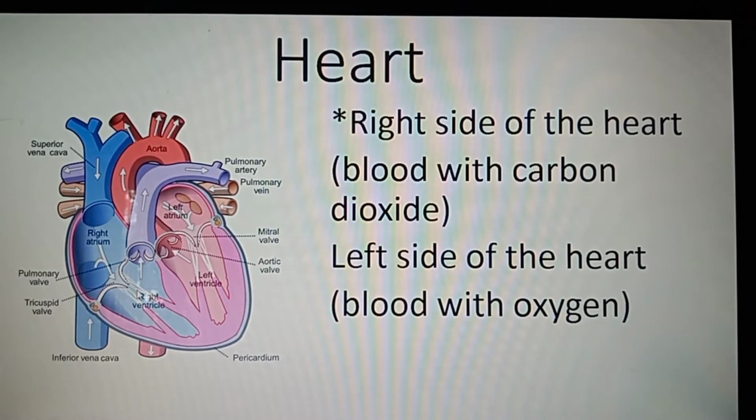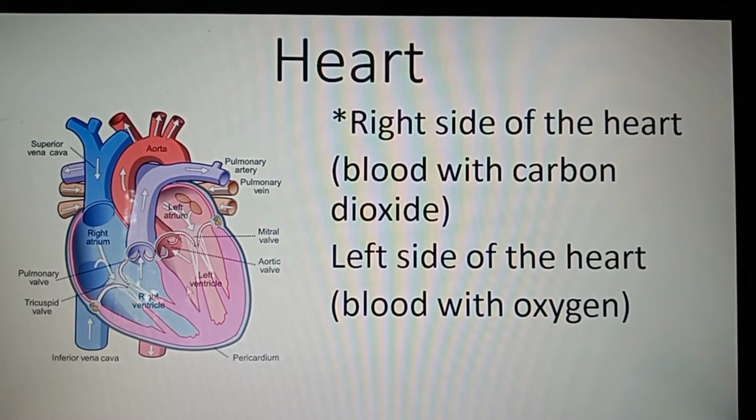And take note, ang dugong dumadaan dyan sa right side of the heart is containing carbon dioxide.